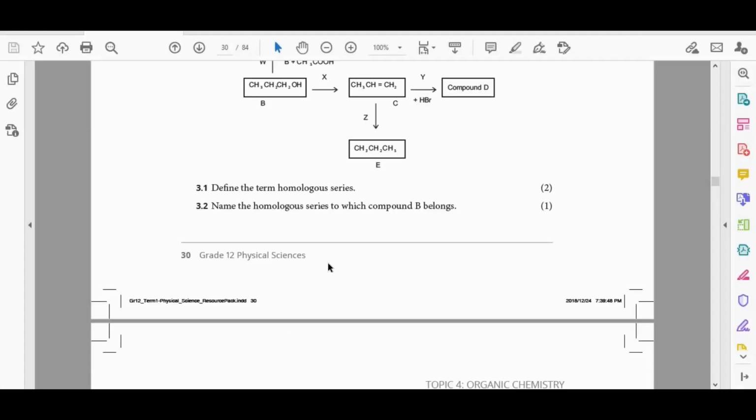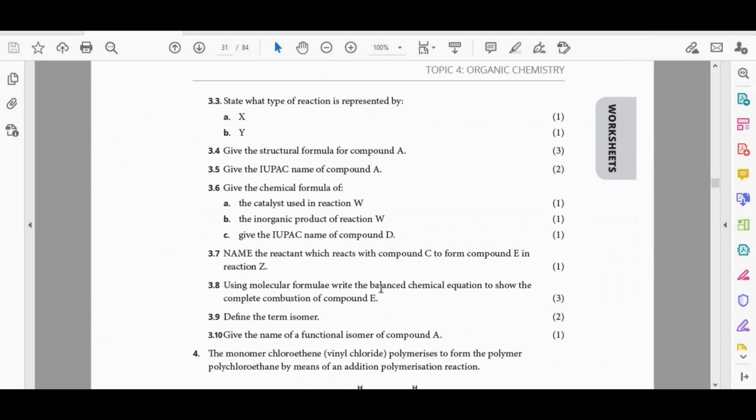And then that was 3.8. 3.9 was a definition: define the term isomer. Now, isomer has one definition, but of course there are 3 different types of isomers that do exist: chain, positional, and functional.